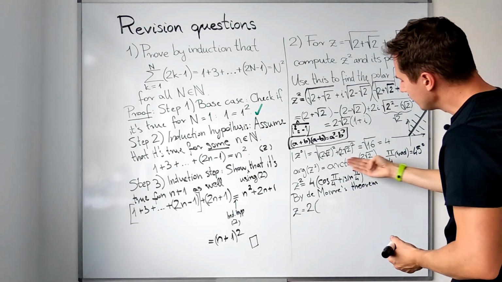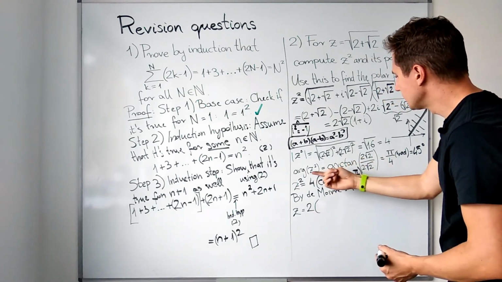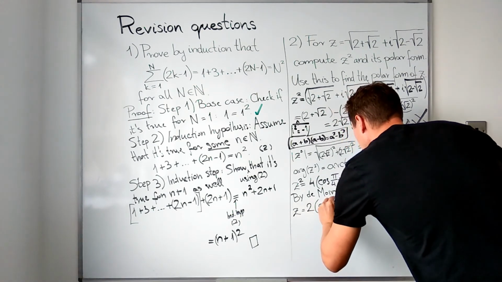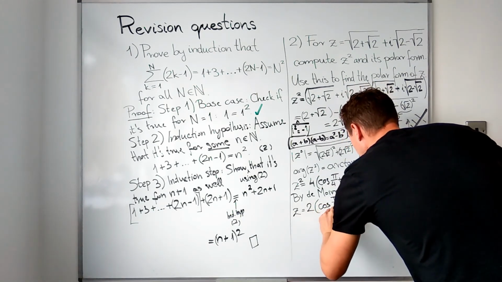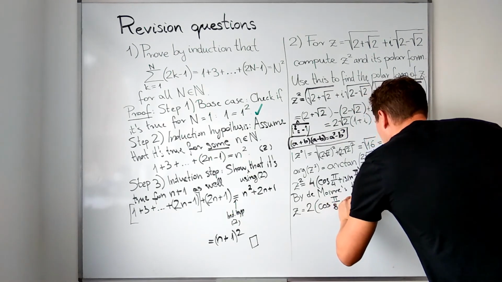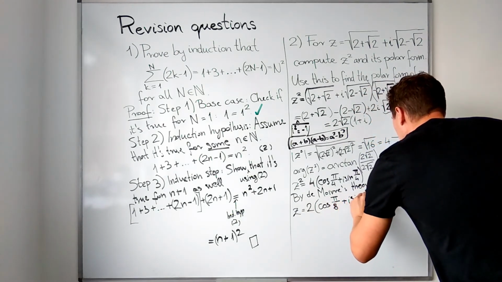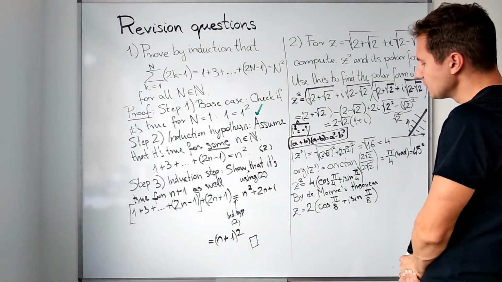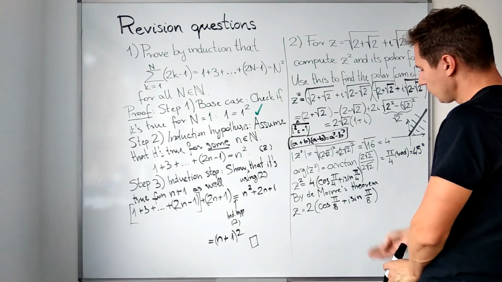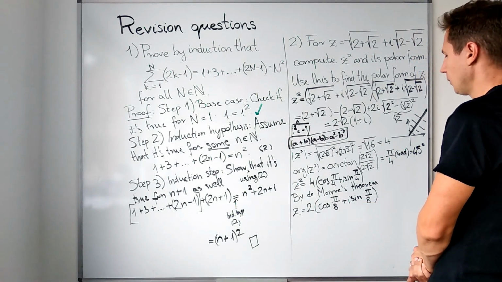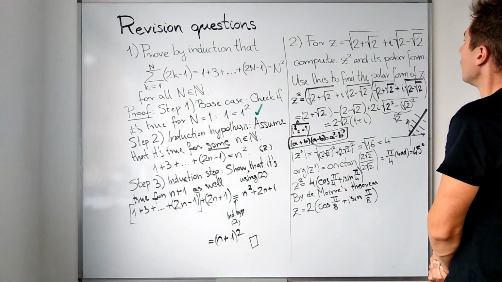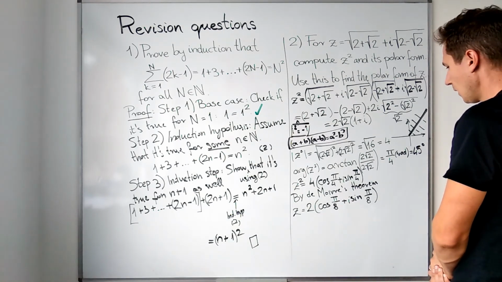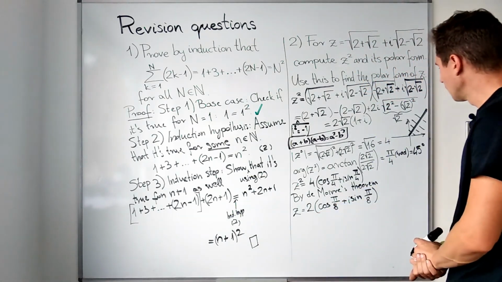And indeed, if we take the argument of z squared and halve it, we get such an angle, and that is in agreement with the Moivre's theorem, or with the formula that we have seen for the square of a number, because squaring a complex number means doubling its angle. So if we double pi over 8, we get pi over 4. We have thus found the polar form of z by applying the Moivre's theorem.